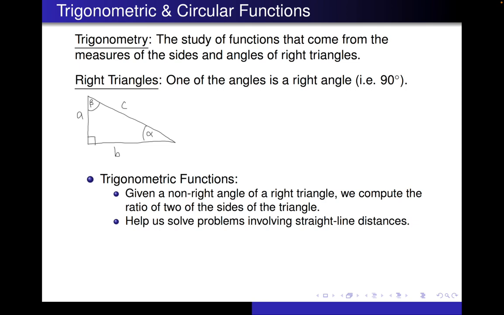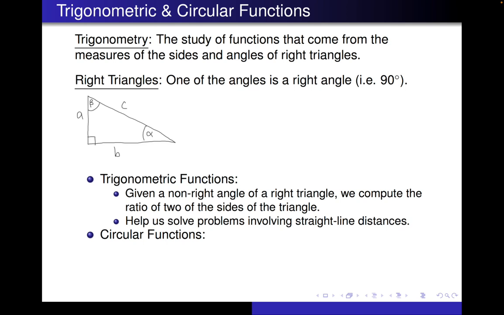Once we dip our toes in trigonometric functions, we're going to go right back to chapter 2, and that talks about circular functions. One of the restrictions that we have from right triangles is we can only use the angles that we get from right triangles, which means we can't get an angle of 0 degrees. That doesn't give us a triangle, let alone a negative value for an angle. That's just nuts. We also can't get a value that's 90 degrees or past, because those angles would be too big for a right triangle.